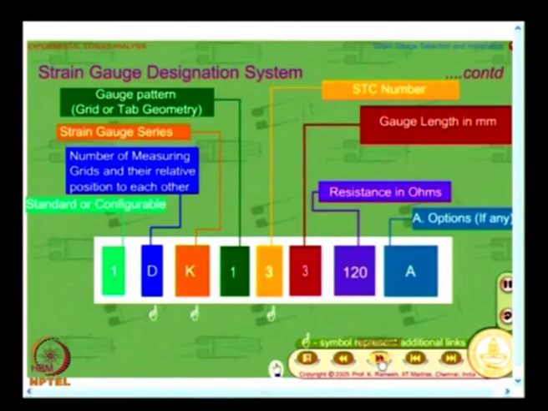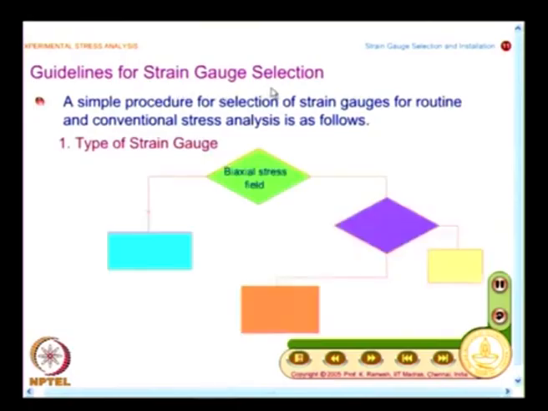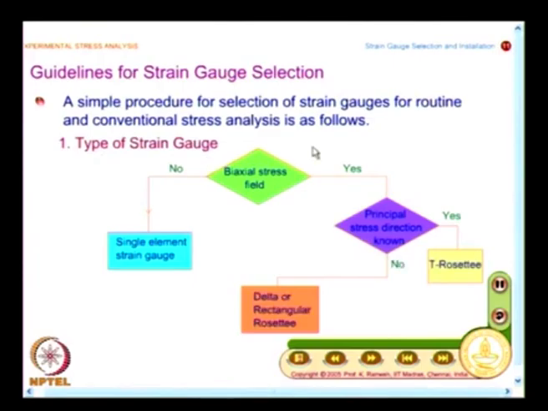And now we will look at a generic recommendation on how to select a strain gauge for a given application. What is the first step? The first step is, what is the type of strain gauge that I need at a point of interest? I have to ask the question, am I working on a biaxial stress field?